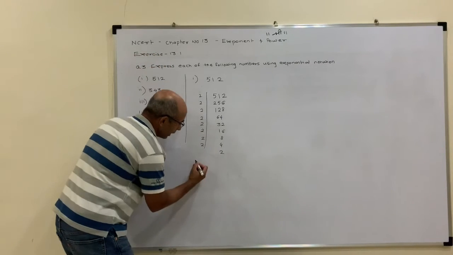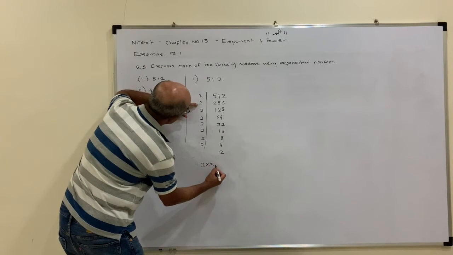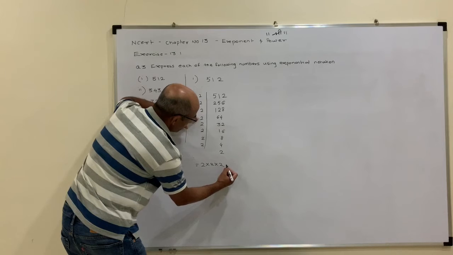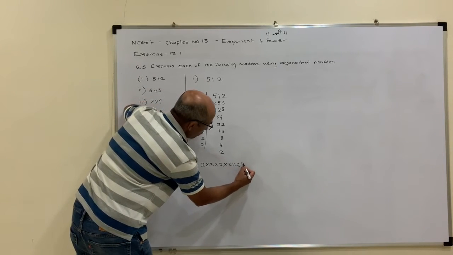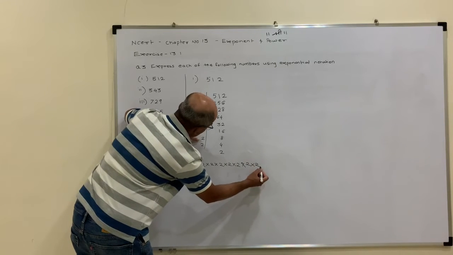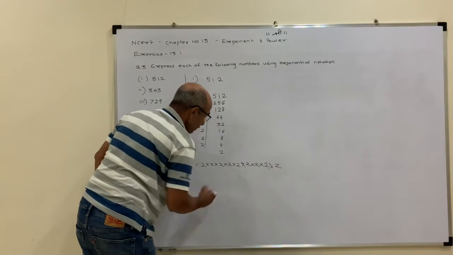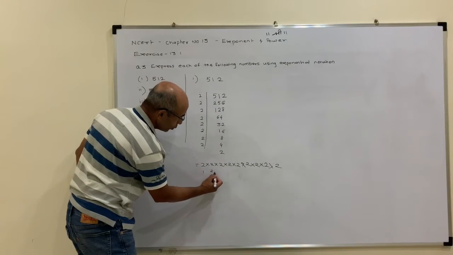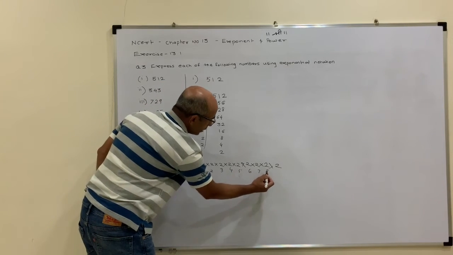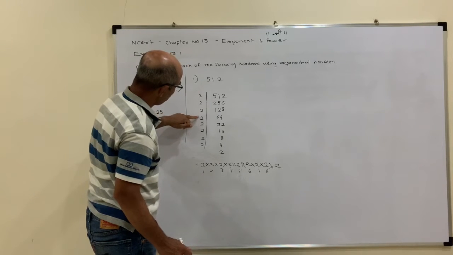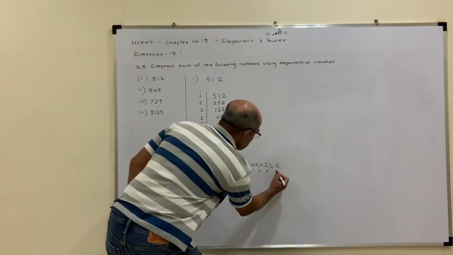Now we can rewrite this horizontally as 2 into 2 into 2 into 2 into 2 into 2 into 2 into 2 and then the last 2.